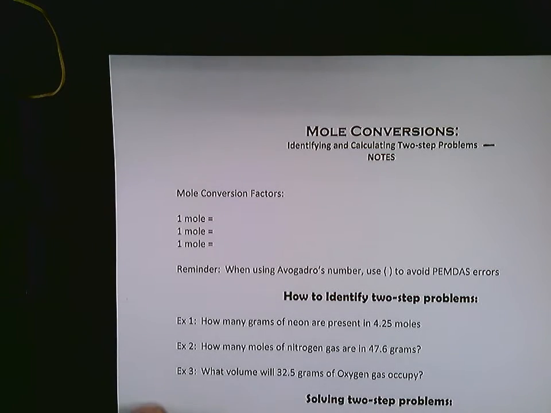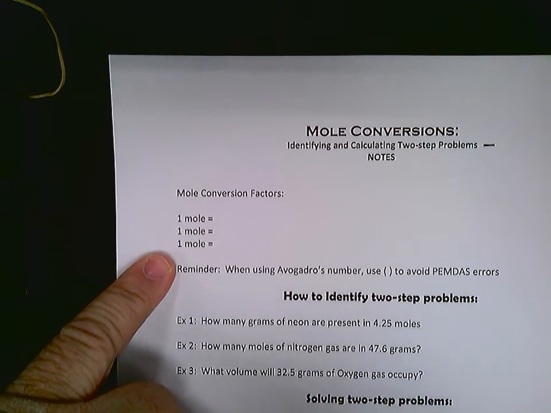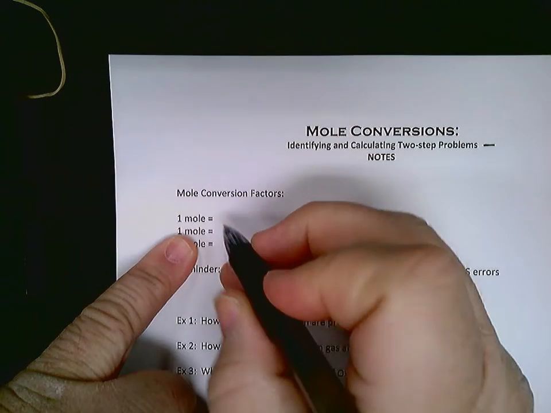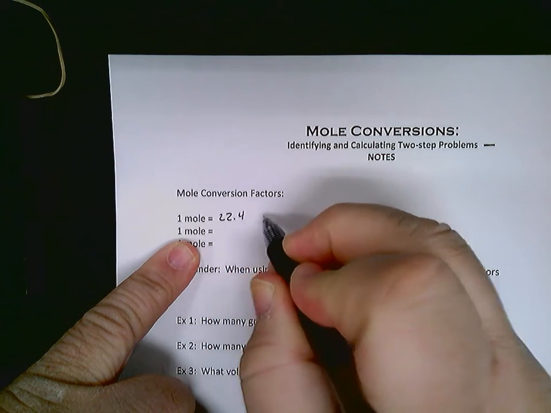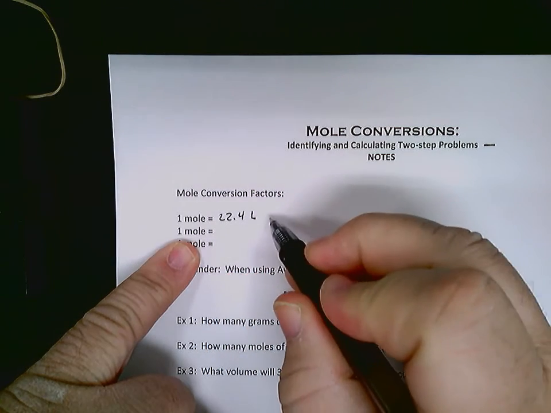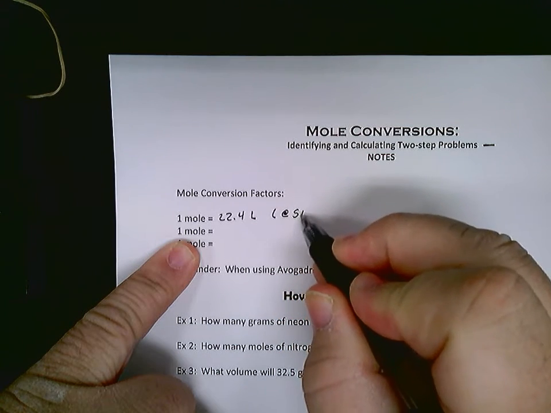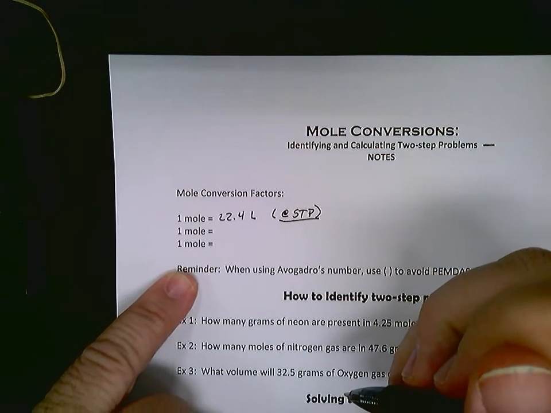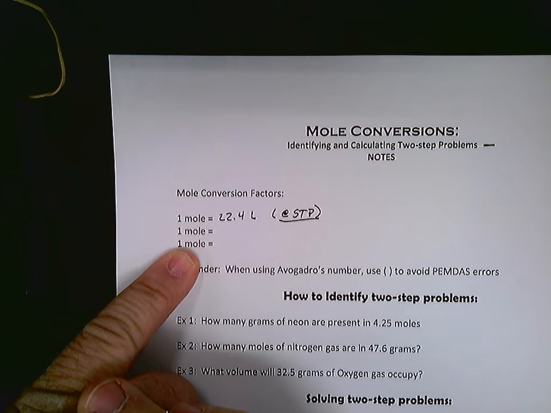In this case, the mole is a unit that allows us to connect three major things in chemistry. The first one being volume, 22.4 liters. Oftentimes you will see something called at STP with this. This is not something to worry about. STP only comes in later on when we talk about the gas laws.